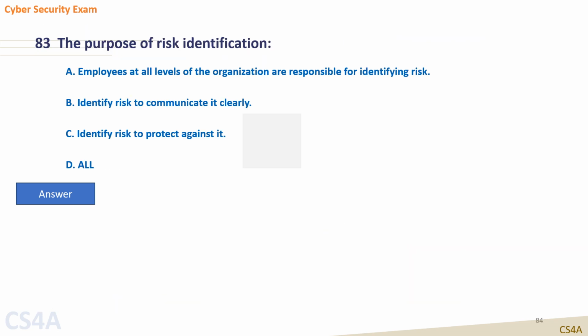So here the question is the purpose of risk identification. The options are: employees at all levels of the organization are responsible for identifying risk; identify risk to communicate it clearly; identify risk to protect against it. As for risk identification, all three are correct, so option D is the answer.